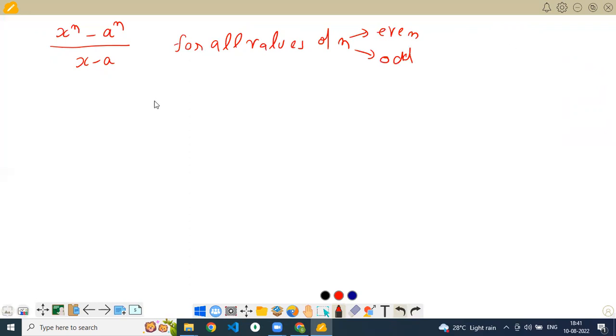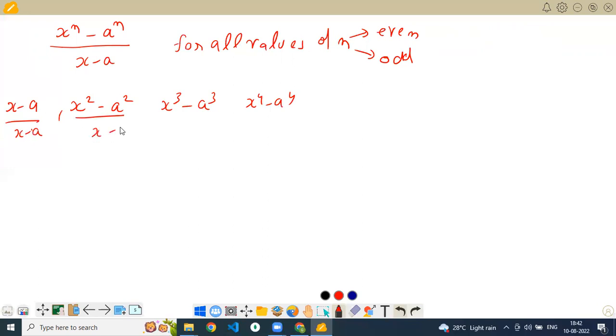For example, you can take the simple examples: x square minus a square, x cube minus a cube, x power 4 minus a^4. This is divisible by x minus a.